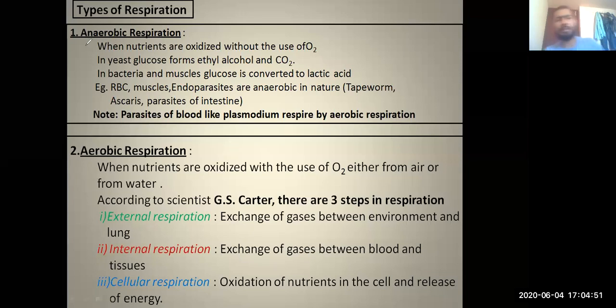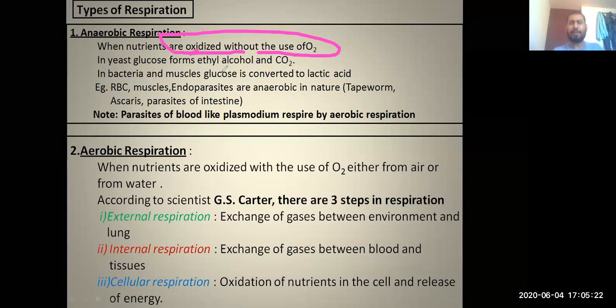Anaerobic respiration means there is no need of oxygen. It is the oxidation of nutrients or biomolecules, such as glucose, fat or amino acids, without the use of oxygen molecules.